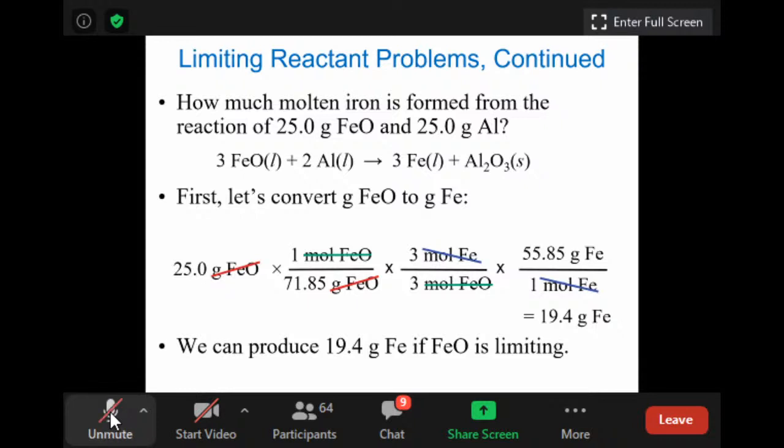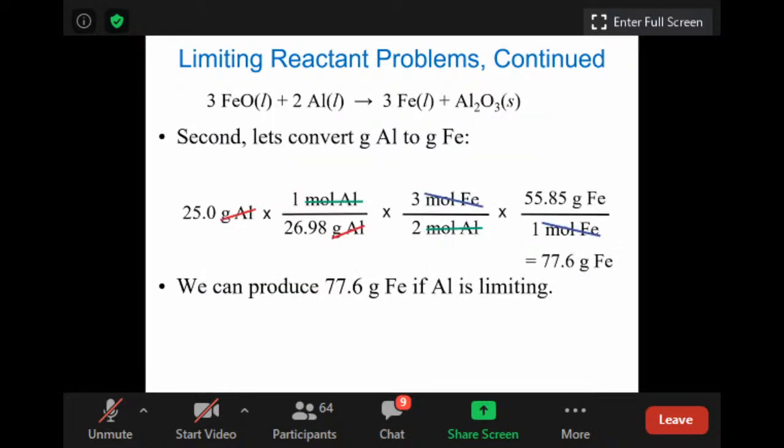That's right, because FeO can only produce 19.4 grams. Whereas alumina, look, takes a lot of alumina. We know you can do all that, but sorry, we don't have enough FeO to do that. Sorry about that, my friend. We know you're willing to make 77.6 grams, but there's no FeO around, my friend. I'm sorry. You are in excess. Do you see what we're talking about here?